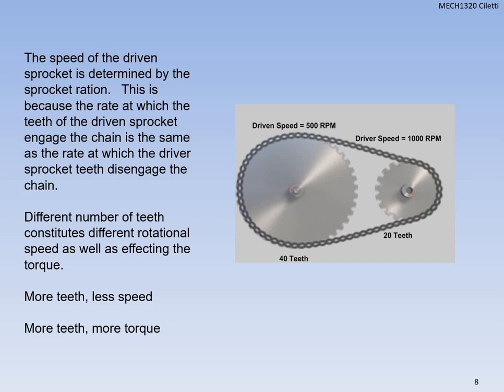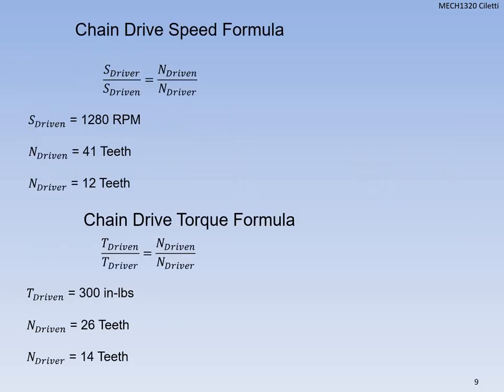Smaller sprockets are going to have a higher speed and less torque. Larger sprockets are going to have a slower speed and more torque. When we're talking about sprocket size, we're talking about teeth. More teeth, less speed, more torque. Speed and torque are still inverses of one another.